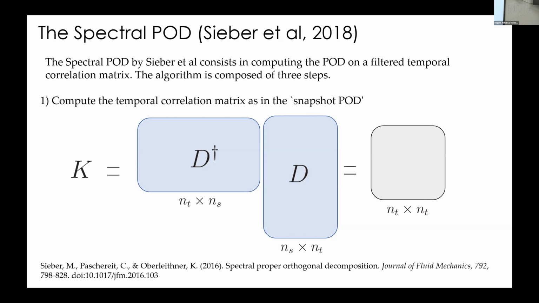So total correlation, so identity? No, not identity. But what it means is that, for example, if I take the correlation between snapshots 10 and 35, this should be the same as the correlation between 20 and 45, because the only thing that matters is the distance between them.